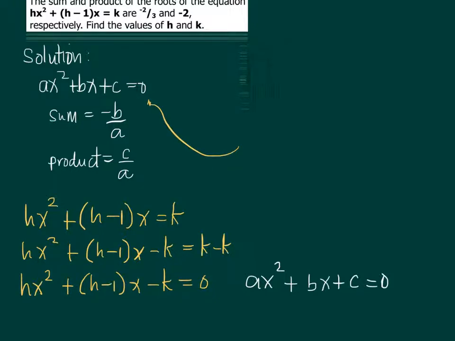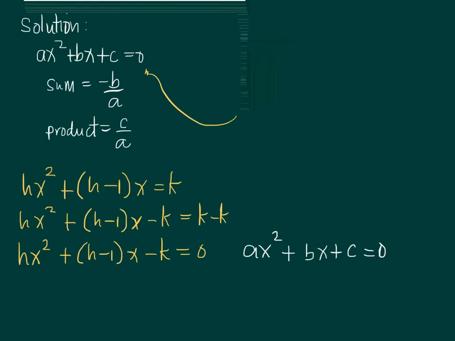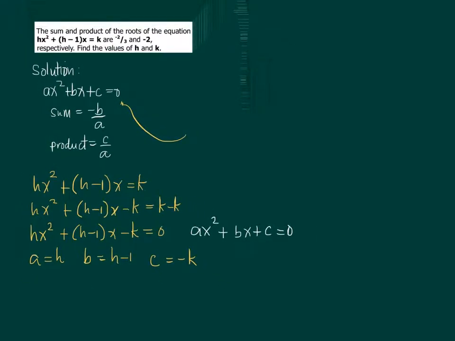And we could easily determine that the value for a is h, b is h minus 1, and c is negative k. Now according to the problem, the values for the sum and the product are already given.